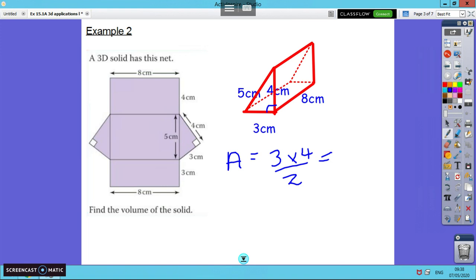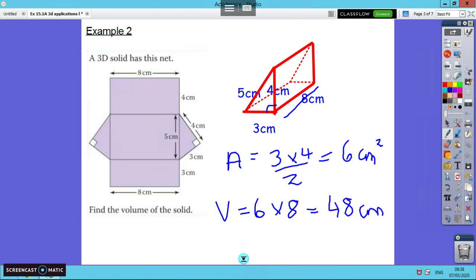3 times 4 is 12, divided by 2 is 6 centimetres squared. So the area of the cross section is 6 centimetres squared, and then the volume therefore would just be 6 times by 8, using that length there, which would be 48 centimetres cubed.